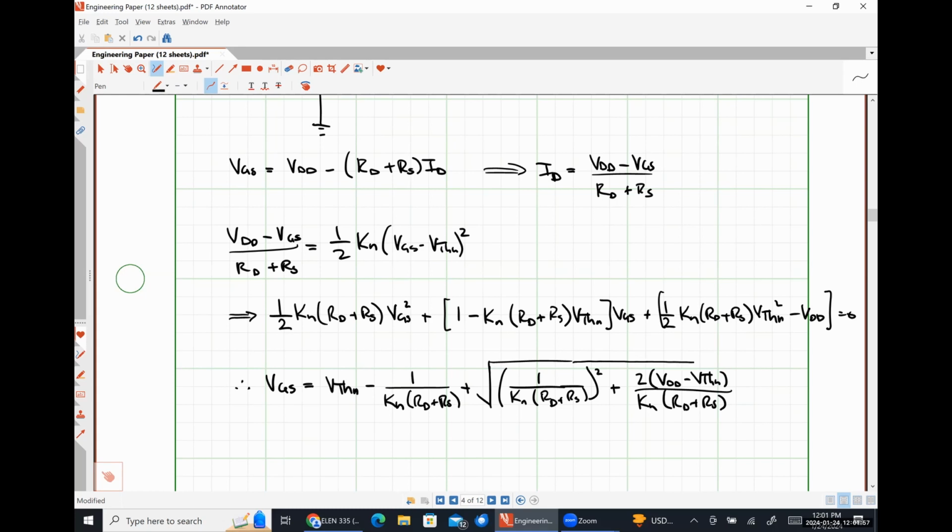All of that is under the square root sign. And then once we know what VGS is, we can use this relationship or our other relationship to find ID.